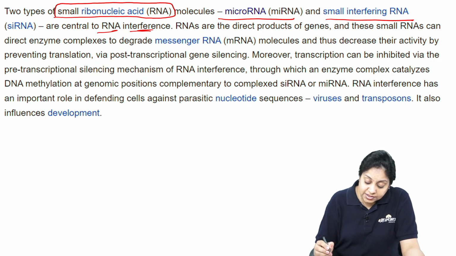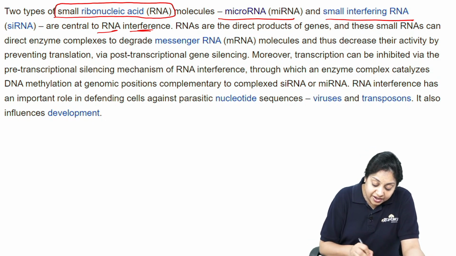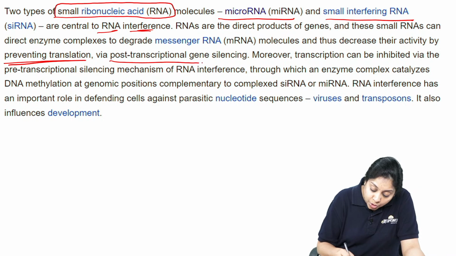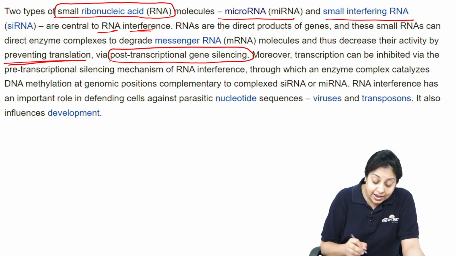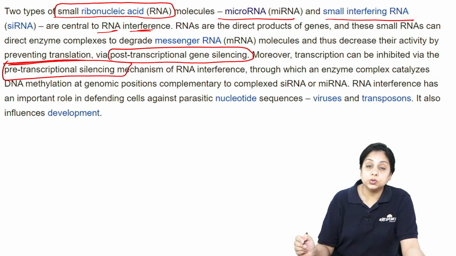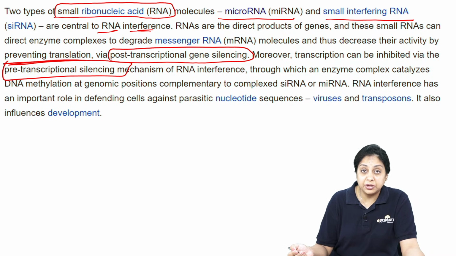And what they do is they prevent the translation via two processes, majorly via post-transcriptional gene silencing, and there are examples of the pre-transcriptional gene silencing also.